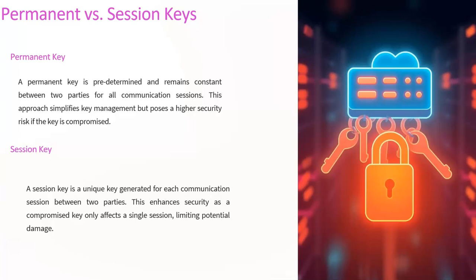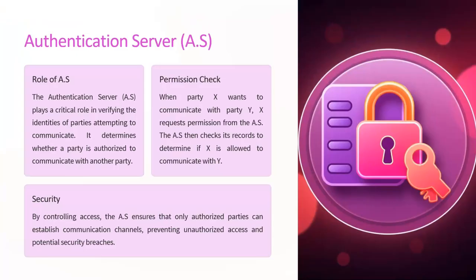Again, when I start a session, I have to decide upon a key. So compared to the permanent key, we have only limited damage, because if a key is disclosed, only that part of the information will be disclosed to the unauthorized person. But with the permanent key, all the information will be disclosed. So that is the difference between the permanent key and the session key.